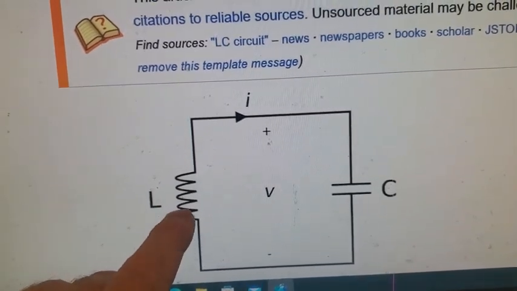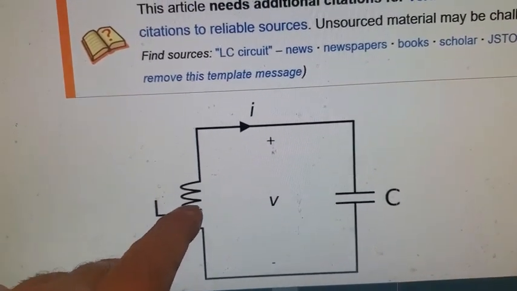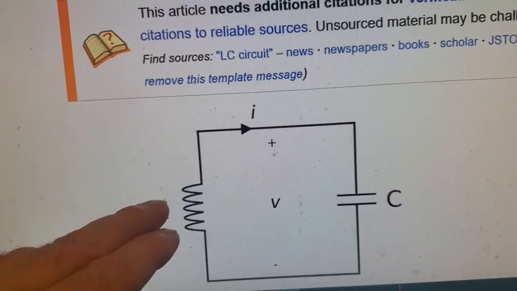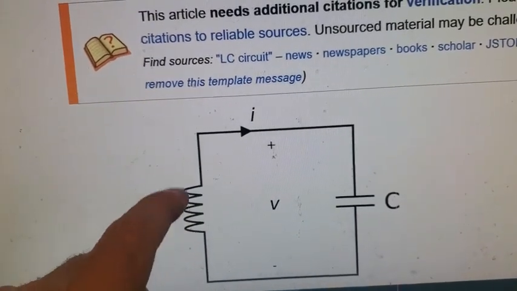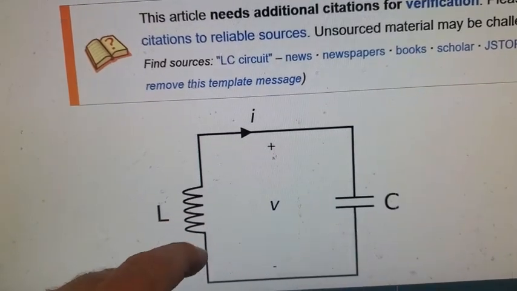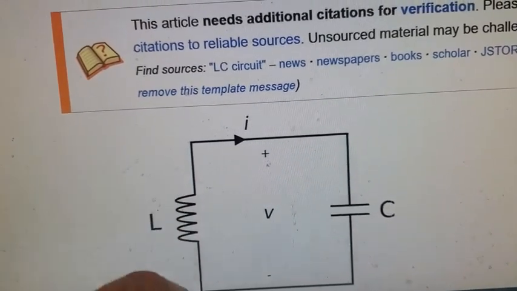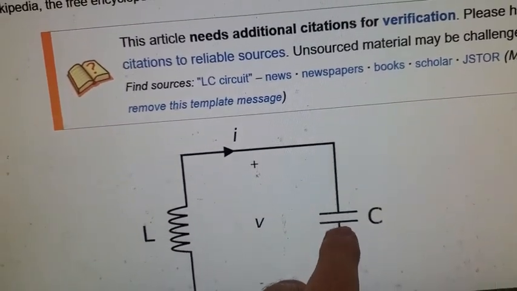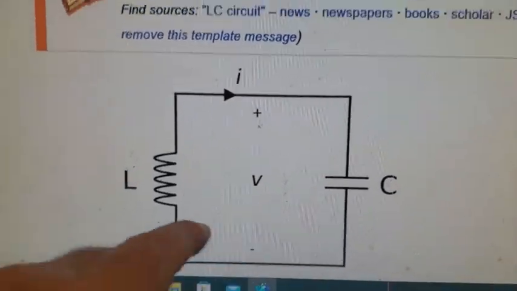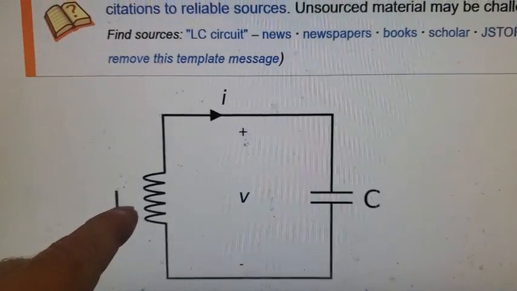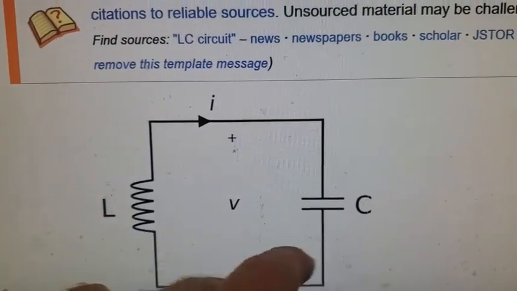The reason for that is because when the field strength of an inductor changes, per Faraday's law of induction, a current develops. So what you see happen is the capacitor discharges, it goes to 0, and when it's at 0 you have your maximum field strength. But then it doesn't stop there.